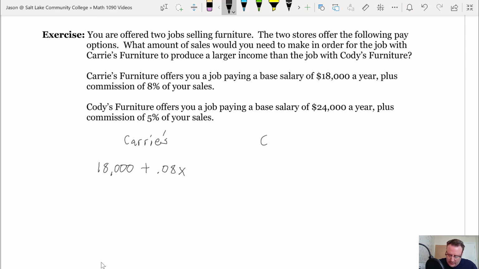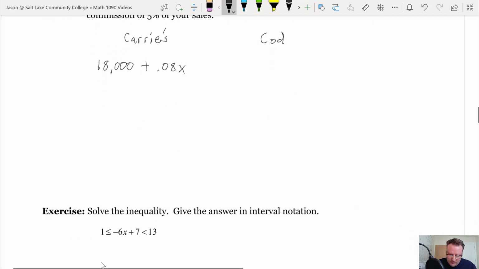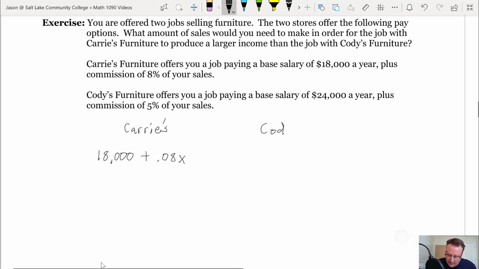At Cody's furniture store, we get $24,000 a year plus 5%, so plus 0.05x. We want to know when Carrie's furniture will produce a larger income than Cody's. So we want Carrie's to be greater than Cody's. And now we solve for X.